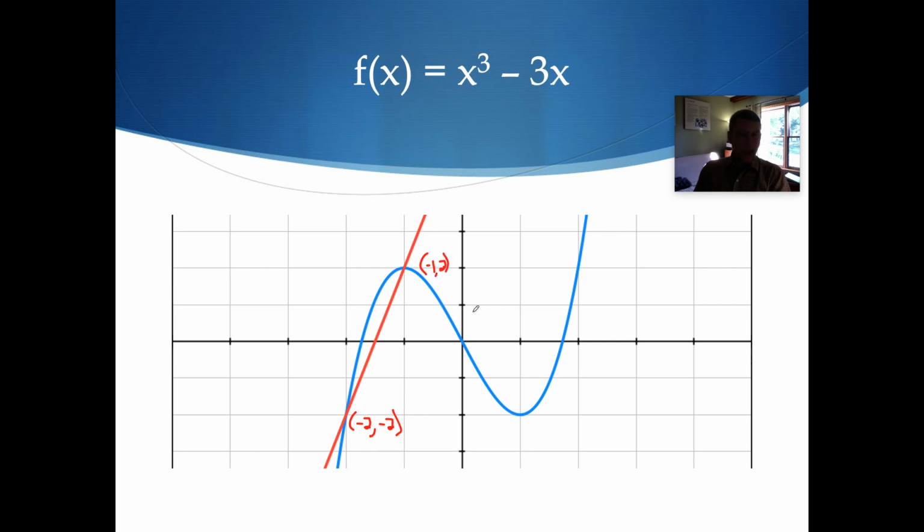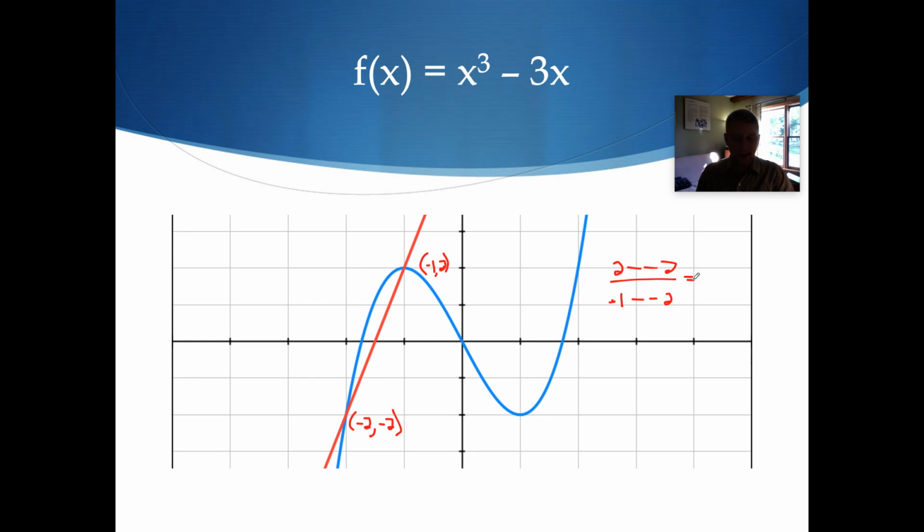And so if I want to calculate the slope of this, it's going to be 2 minus negative 2, these are the y values, divided by negative 1 minus negative 2.